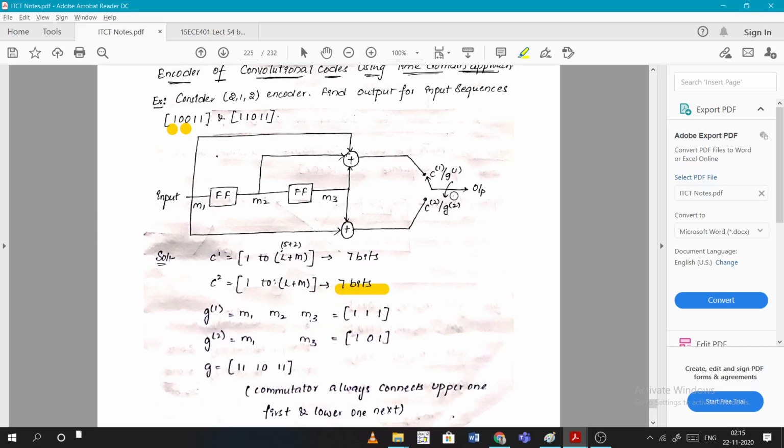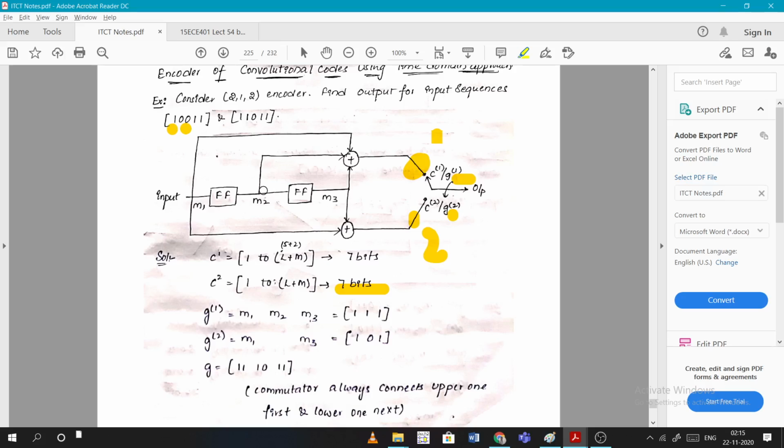Now that we found the size, you need to find the G's. G is the output when it is connected to the top one. Let us take this as 1 and this as 2. When the output is connected to 1, it is G power 1, basically G superfix of 1, that is just a notation. So this is G power 2. Now for G1, what values will we get? The inputs are M1, M2, M3.